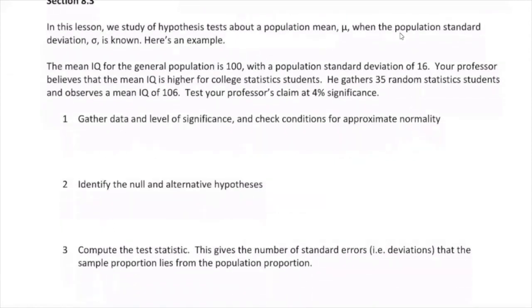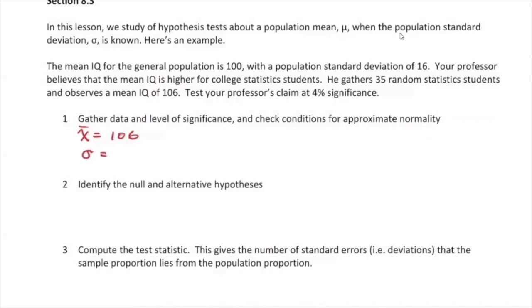Okay, so the very first step says to gather the data and the level of significance and check conditions for approximate normality. So you're going to need this X bar, which is the mean from the sample, and it says it's 106 from the sample. So X bar is 106. We'll need a population standard deviation.